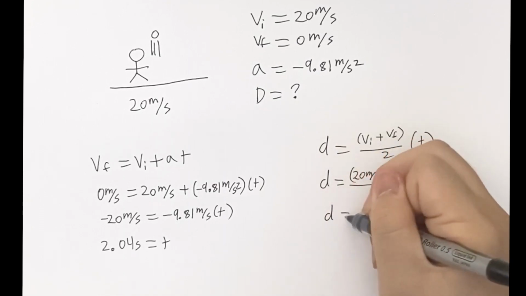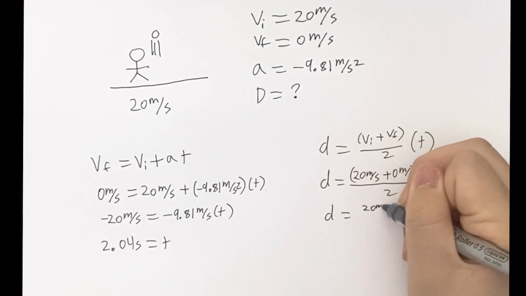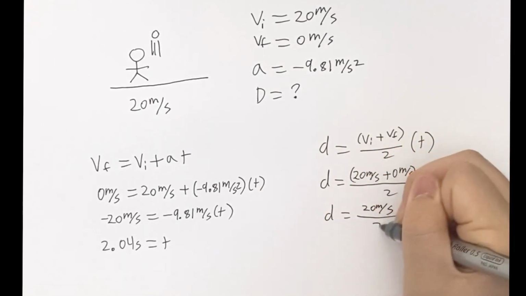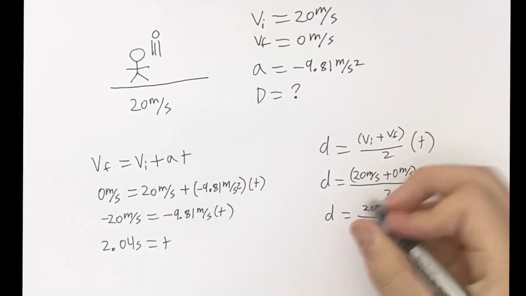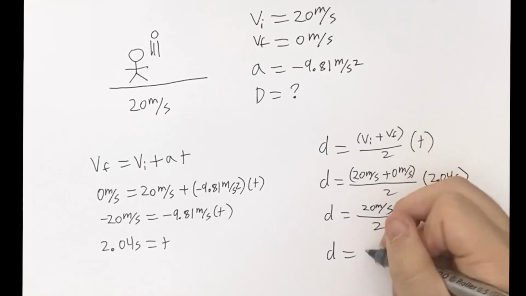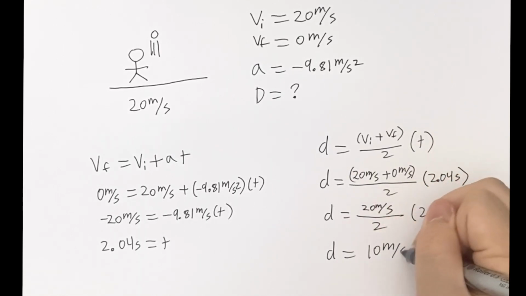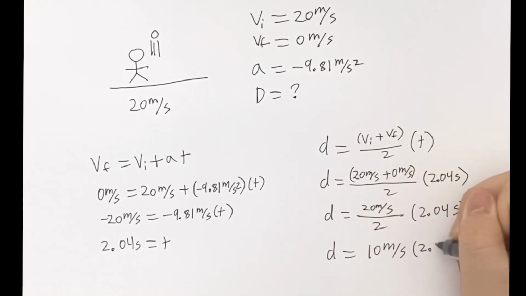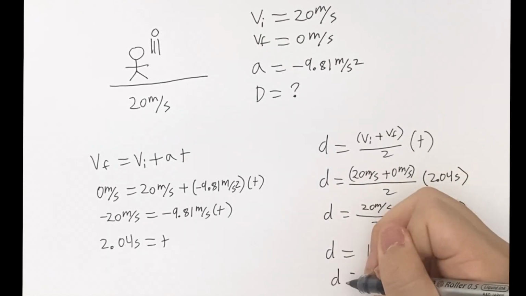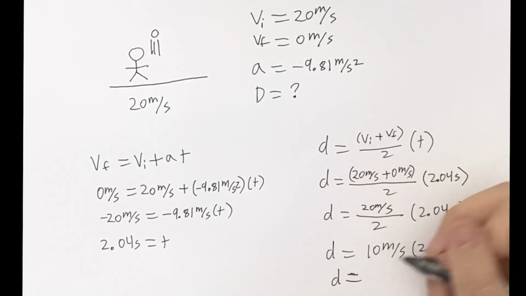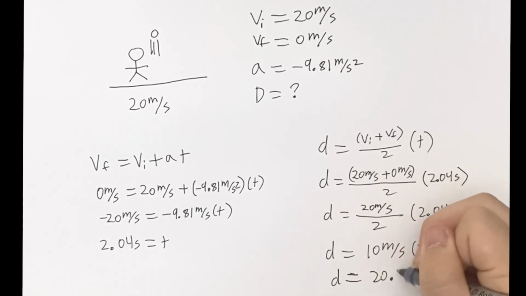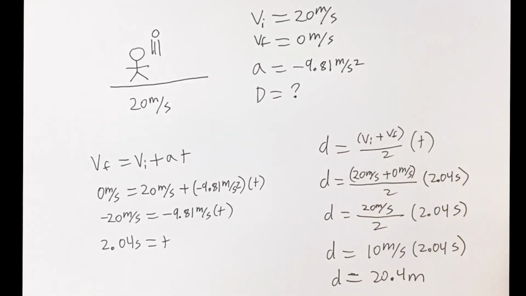So this becomes 20 meters per second divided by 2 times 2.04 seconds. So d is equal to 10 meters per second times 2.04 seconds. So the final distance we get is that d is equal to about 20.4 meters. But this question only deals with one dimension.